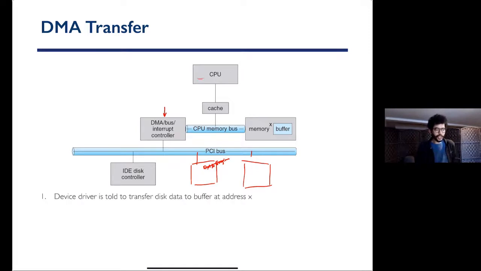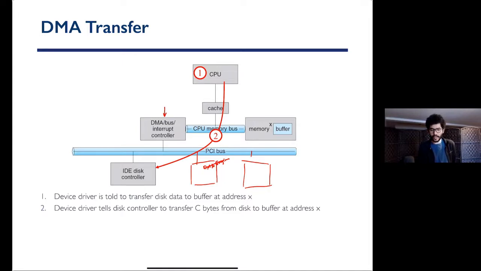What happens is that initially you're running your device driver on the CPU. The device driver talks to the disk and says, I want you to read this much data from memory, or I want you to write this much data from memory.